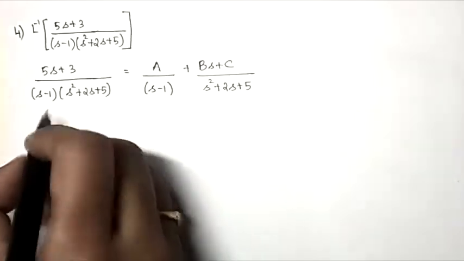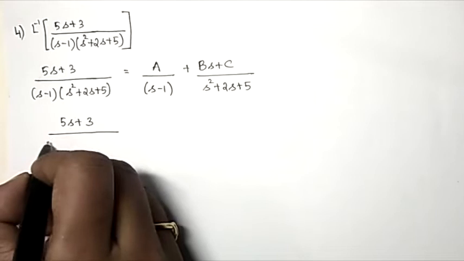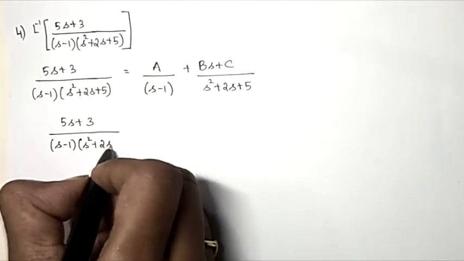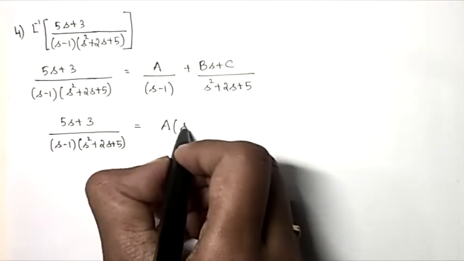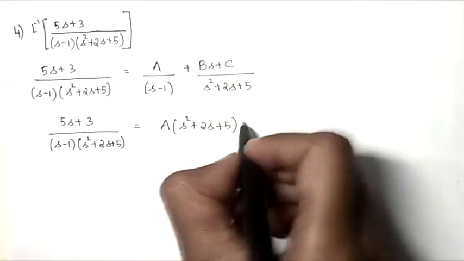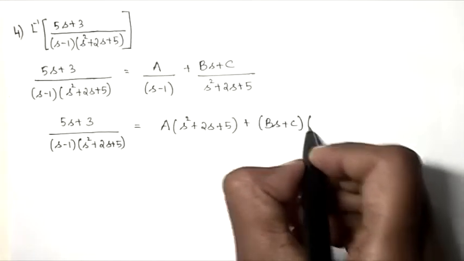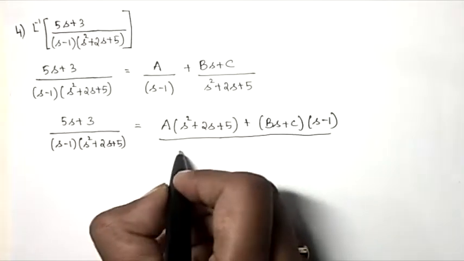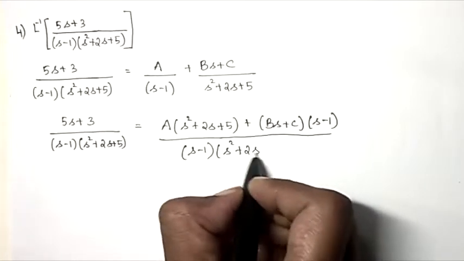Taking LCM on the right side, I write this as (5s plus 3) divided by (s minus 1) into (s square plus 2s plus 5) is equal to A into (s square plus 2s plus 5) plus (Bs plus C) into (s minus 1), the whole divided by (s minus 1) into (s square plus 2s plus 5).